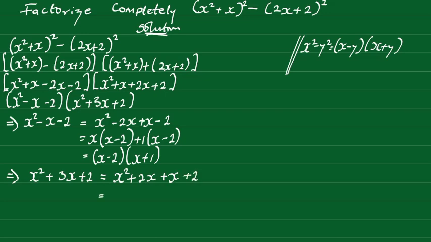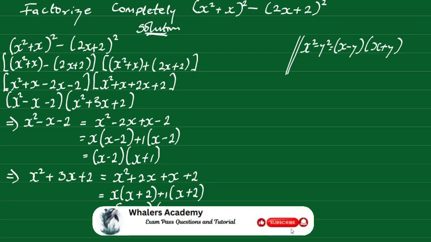Now, we factor out x from x² + 2x. This gives us x(x + 2). Now, we have plus x and plus 2. From this, we factor out plus 1(x + 2). This ends up giving us (x + 2)(x + 1).